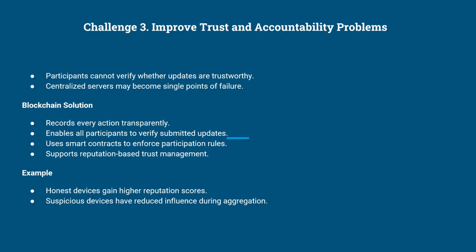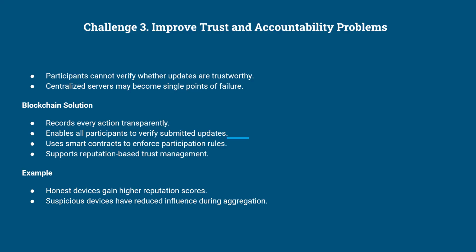Examples are like devices gain. If a device is providing honest model updates, and we identify that the updates are very useful to the global model, we will assign a good score to such devices.